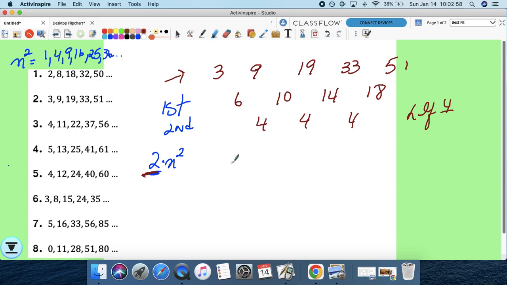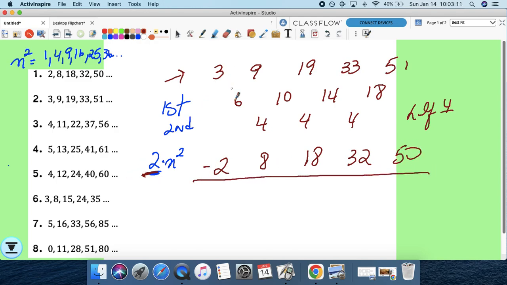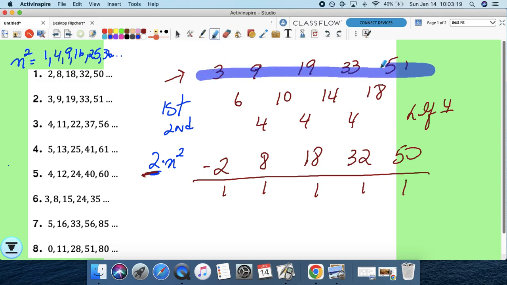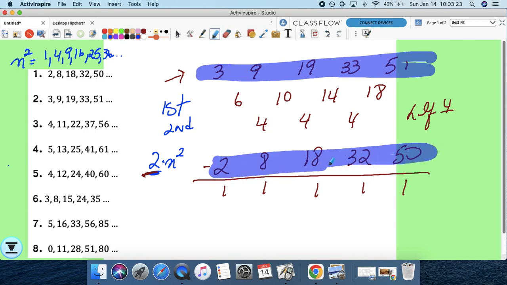So let's see, it was 2, it was 8, it was 18, it was 32, and it was 50. So again, same numbers. We're going to subtract, and we get 1, 1, 1, 1, and 1, right? Again, I am subtracting this minus this.